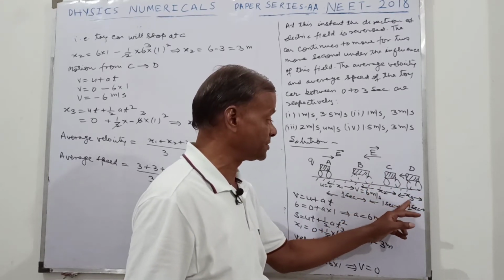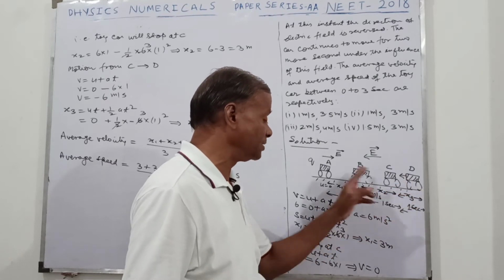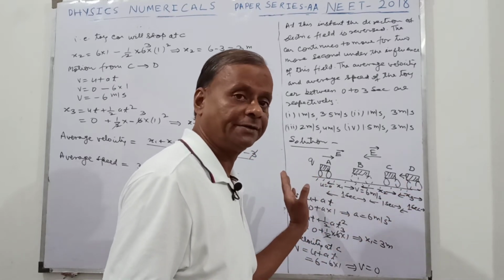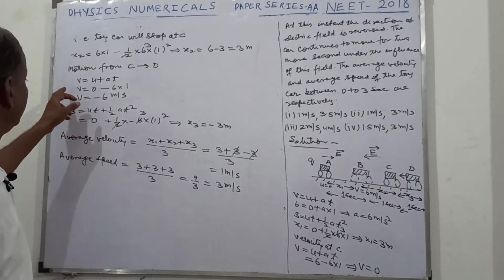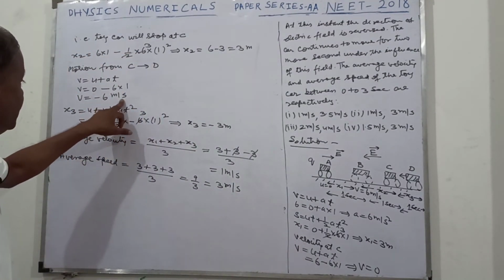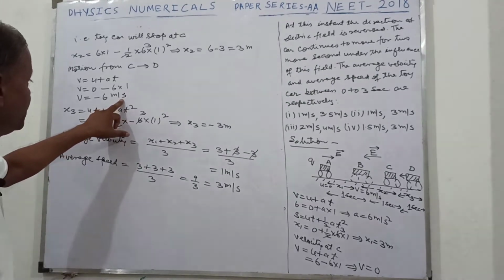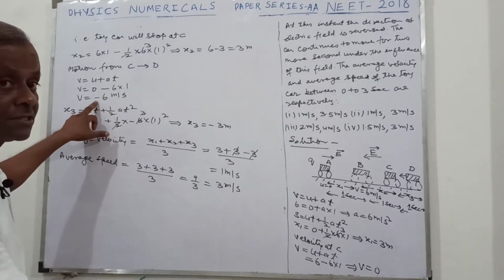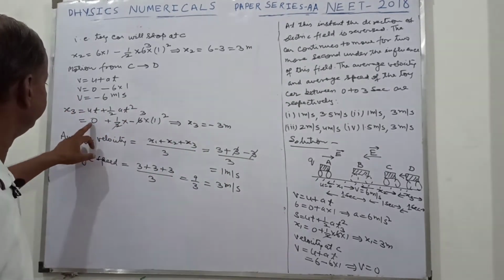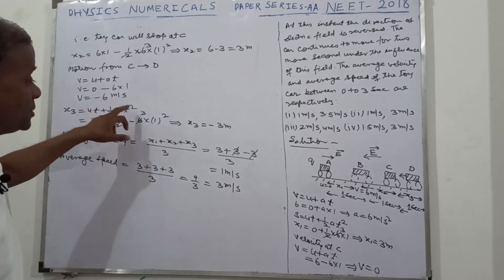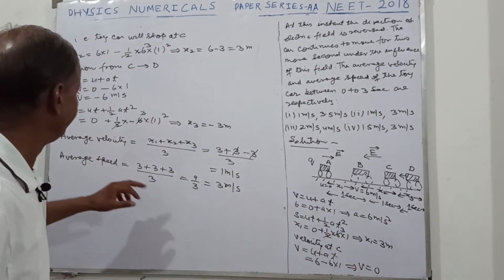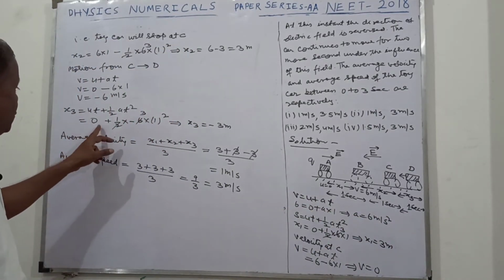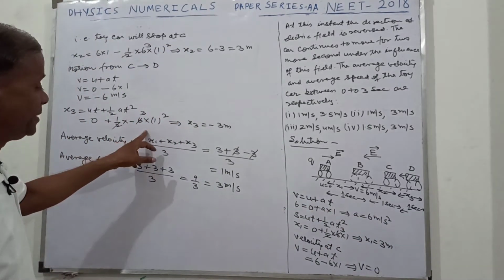Let us take the distance x3, but it will move towards the left side. Again we have the velocity equal to 6 meter per second. Minus sign indicates that this is in the reverse direction. So this is the final velocity after 1 second. Now again x3 equal to ut plus half at square.